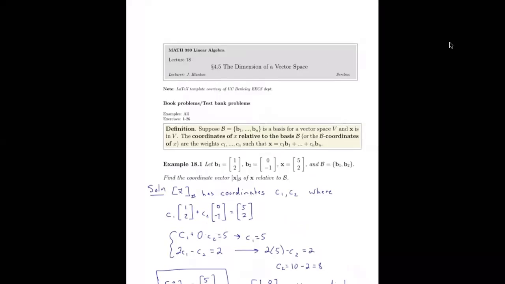The techniques of this are a little bit strange looking, but let's nonetheless introduce coordinates of x relative to a basis. So far we've known coordinates of x vectors in terms of the standard basis, right? If we had a vector x, it would have components x1, x2, in R2 just to keep it simple.